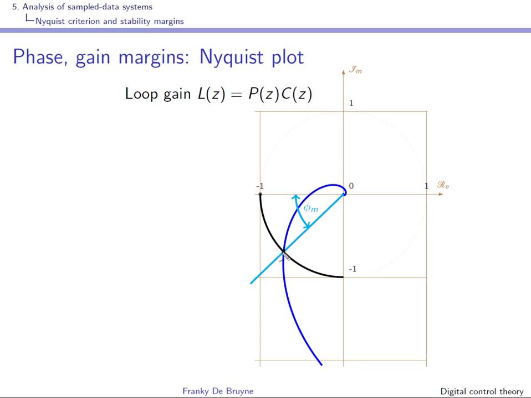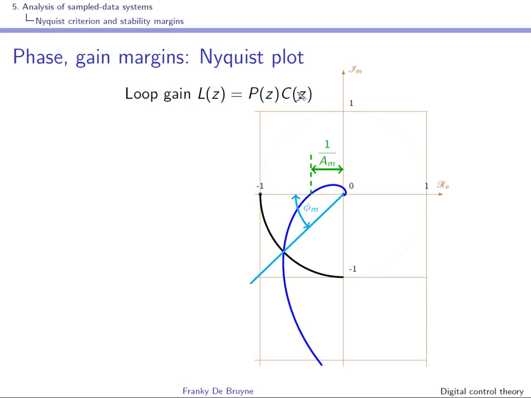At that frequency, the gain, which is the distance from the origin over here, is indeed 1. The phase shift is the angle that this line makes with respect to the real axis. So at that frequency omega c, you still have some margin before you reach the critical point.